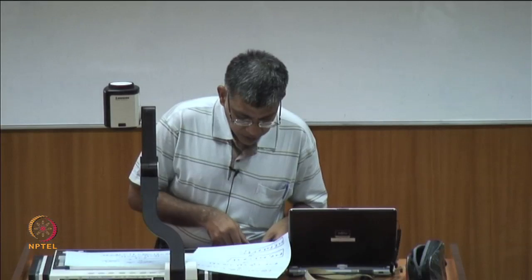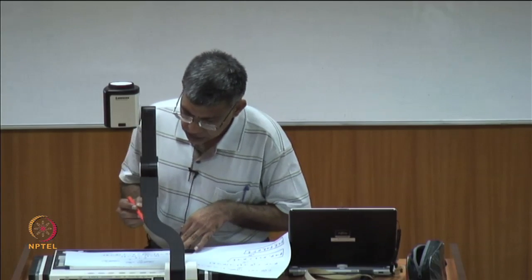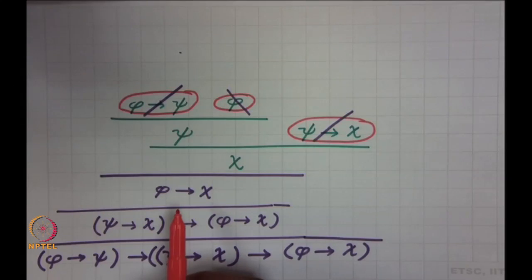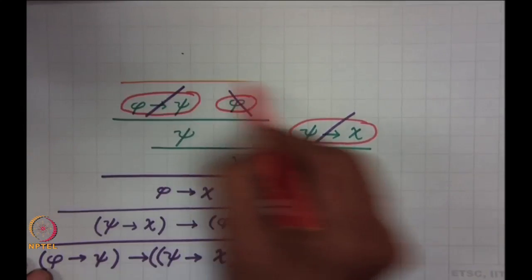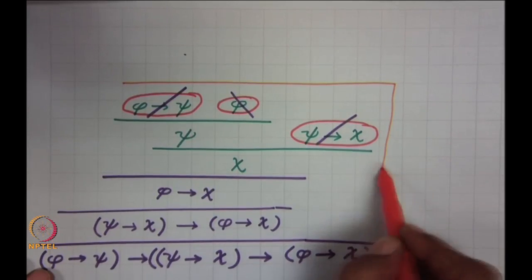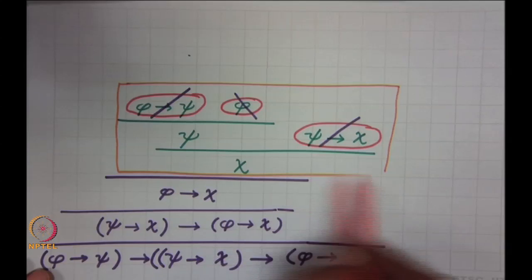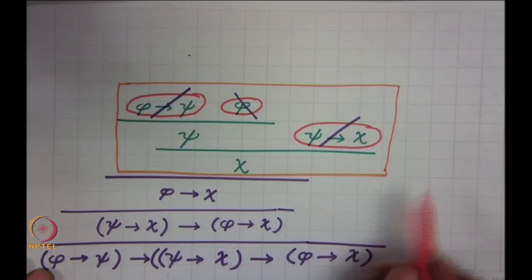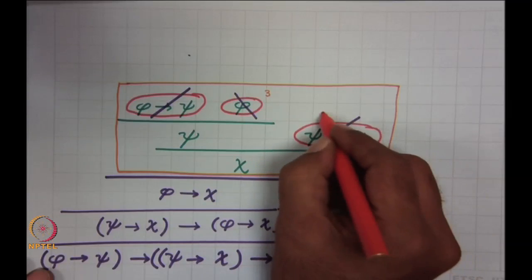I am looking for a suitable way of representing it in terms of trees, but essentially this is an innermost scope, which has these assumptions 3, 2 and 1.